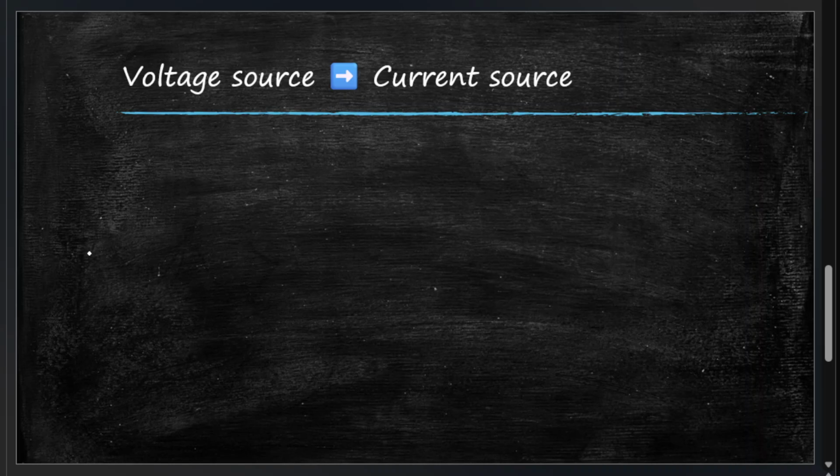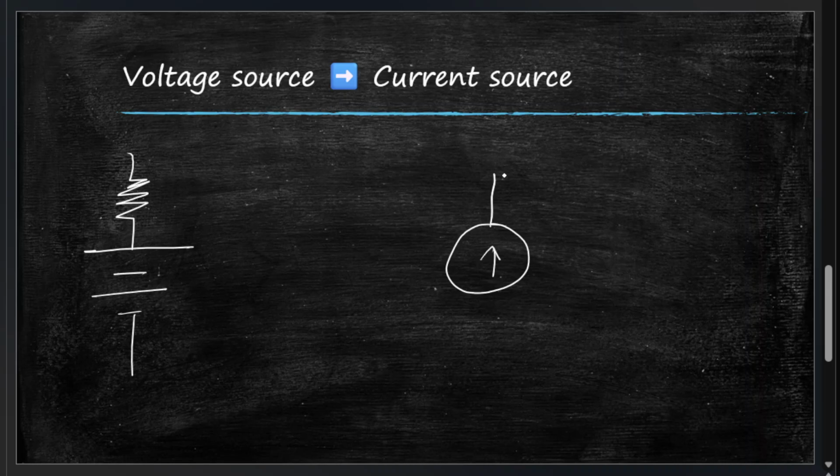Voltage sources always remain with a resistor in series connection with them. So voltage sources will always have a resistor like this connected in series, and the current sources always have a resistor connected in parallel to it. So that's another difference.